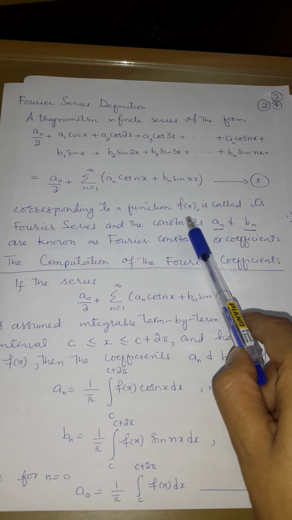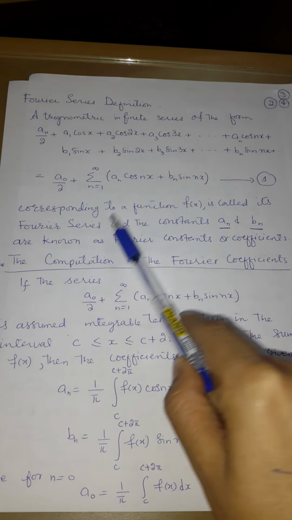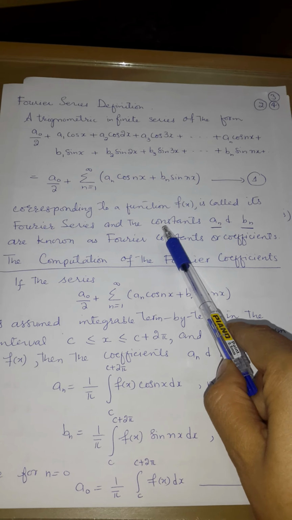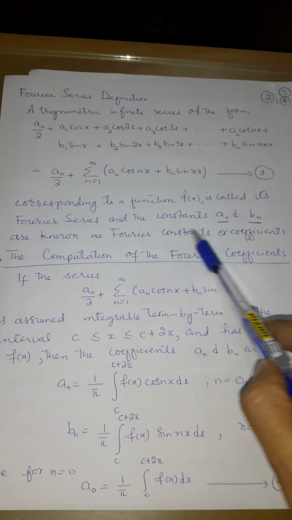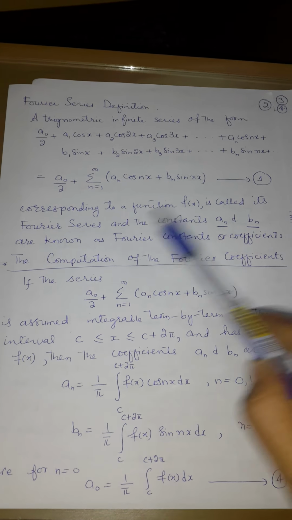Corresponding to a function f of x, it is called its Fourier series, and the constants an and bn are known as Fourier constants or coefficients.